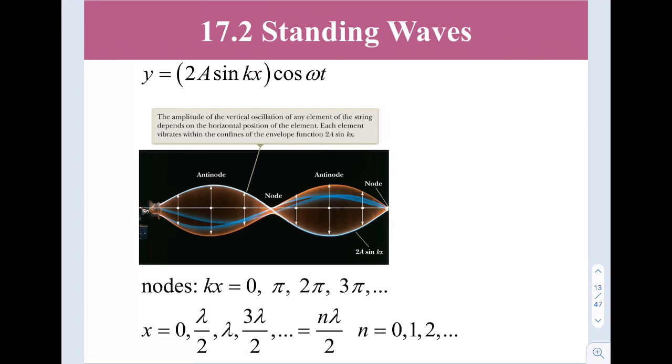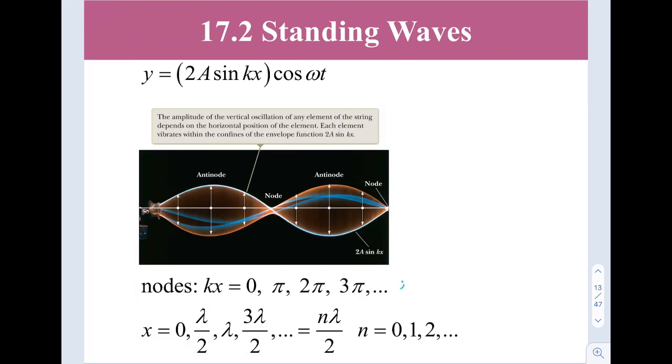This equation also shows that the amplitude of the simple harmonic motion of an element in the medium has a minimum value of 0 when x satisfies the condition sin kx equivalent to 0. That is when kx is equivalent to 0, pi, 2 pi, 3 pi, and so on. Why is it so?